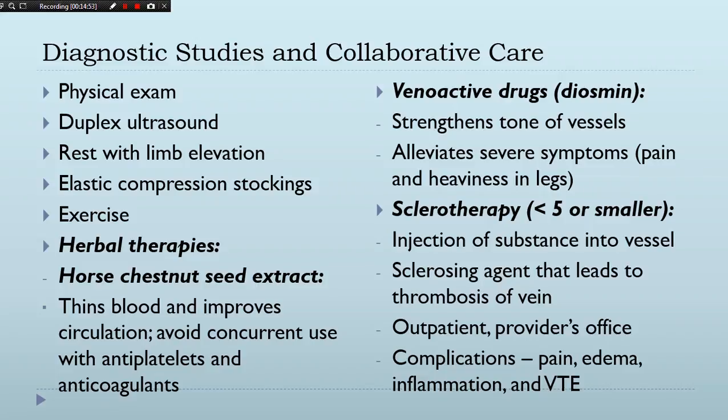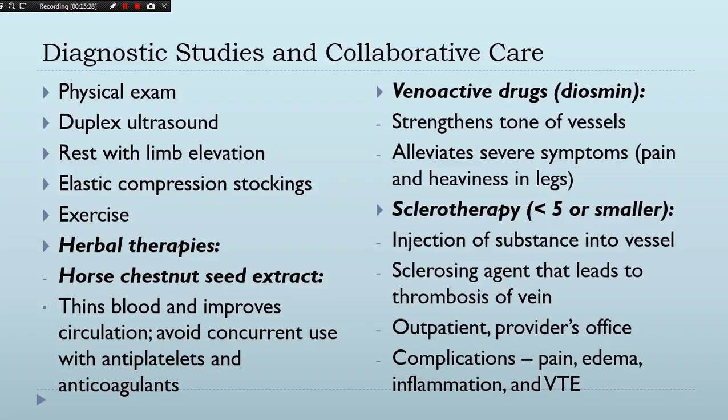In some severe cases where more natural therapy hasn't worked, they might actually use venoactive drugs like diosmin, and it's been out there for a while. The diosmin actually strengthens the tone of the vessels, provides a little bit more stability and strength to maintain that vessel wall compliance. So it can actually help alleviate some of the symptoms associated with the varicosities, like the pain and the heaviness in the legs.